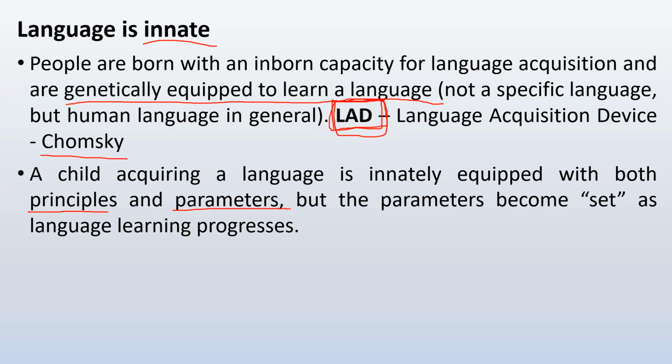It is the parameters that are being polished and developed within the baby. Then that is what we say, the baby is learning language or the baby is acquiring language. What do you mean? The baby is taking parameters and fixing the parameters of a specific language in his or her mind.